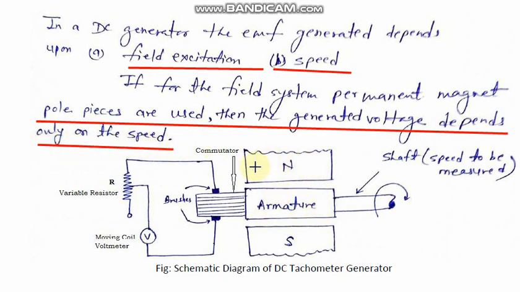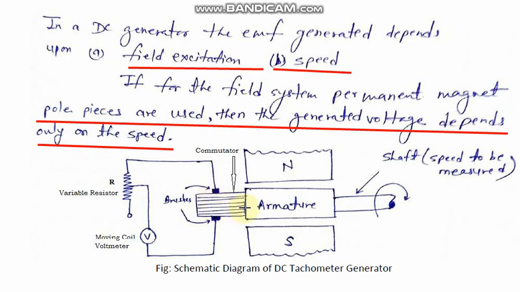See here in this diagram, this is the cut view of the magnet. This is the north pole, south pole, and here the magnet is at a constant position. This is the armature which is connected with the shaft whose speed has to be measured. And on the other side of the armature, the commutator is connected through the brushes. This is not a permanent connection.